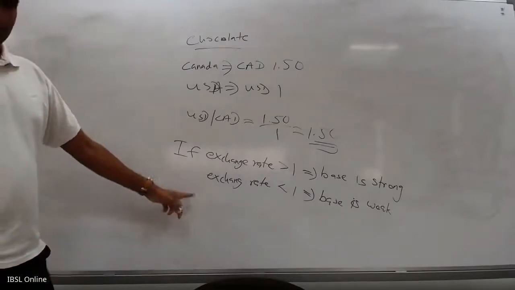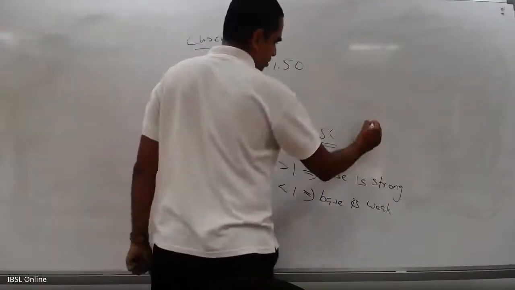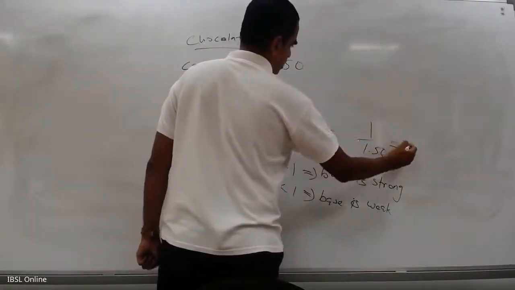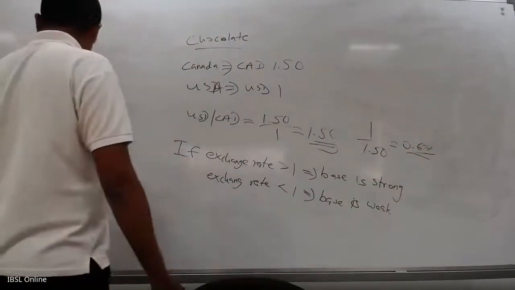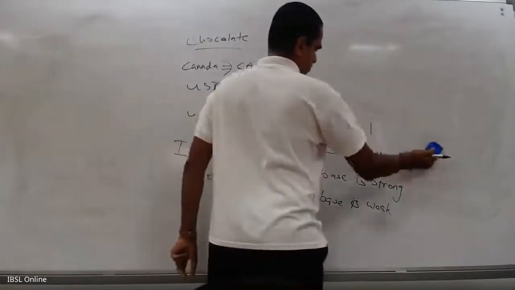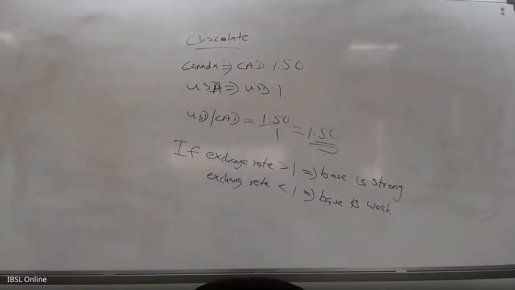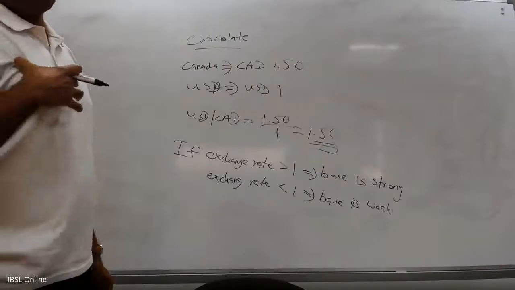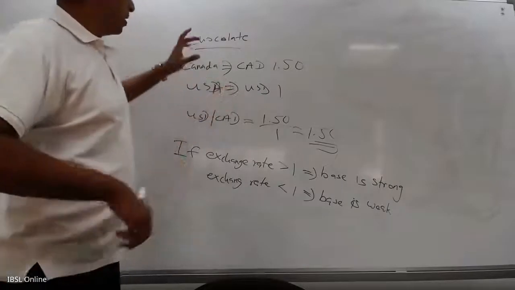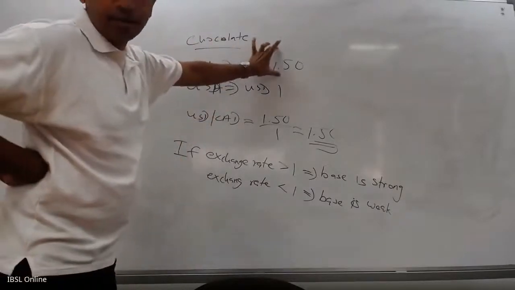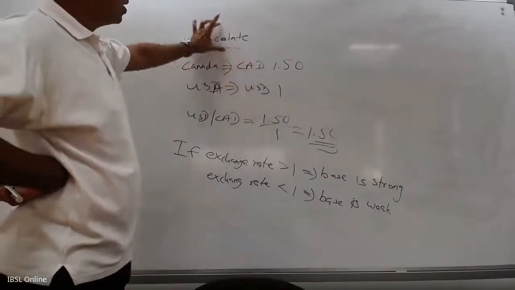Now, why I asked you is, could this not have been 1 over 1.5? Then you will get 0.67. Why was it 1.5 divided by 1? Something you learned in grade 2. Because you need 1.5 Canadian dollars to buy one chocolate, whereas only 1 US dollar to buy one chocolate.